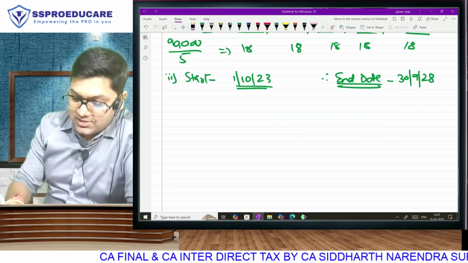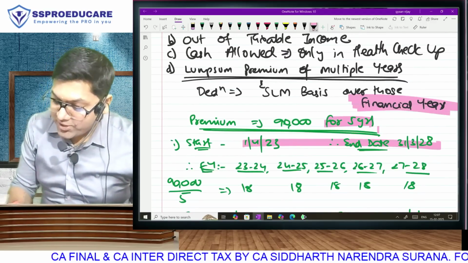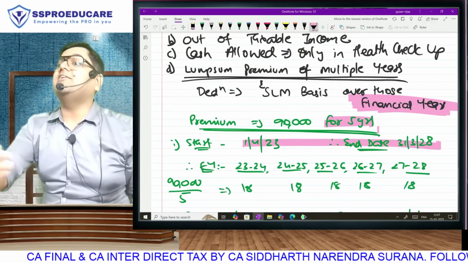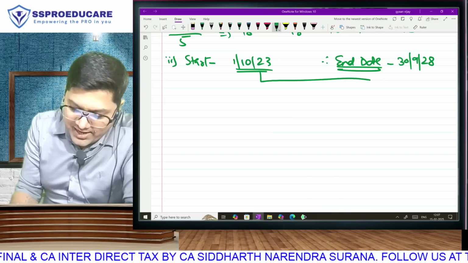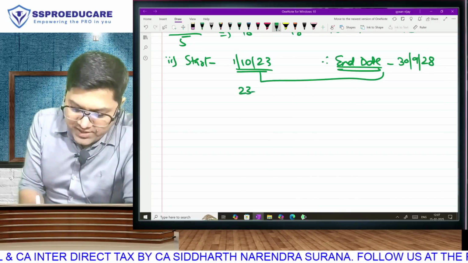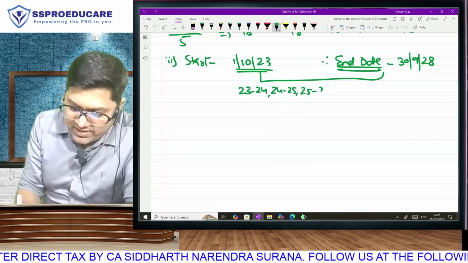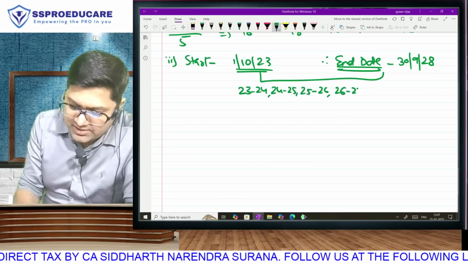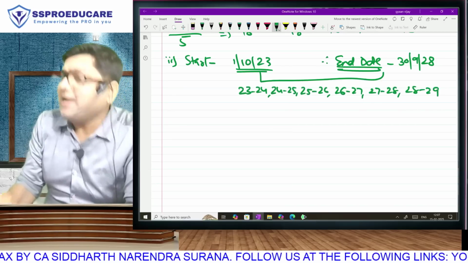So how 6? Because of the word used by Auntie, ladies and gentlemen, observe carefully. Auntie did not say calendar years. Auntie said financial year. Check this start date and end date. In this period, do we have 23-24, 24-25, 25-26, 26-27, 27-28, and we do have 28-29 as well.